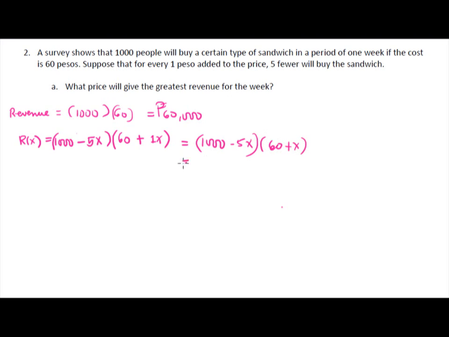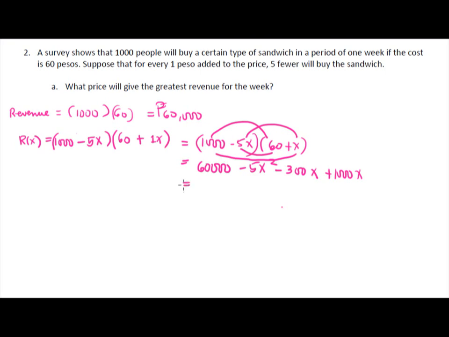Now if we simplify this, it will become 60,000, then minus 5x squared, then 60 times negative 5 is negative 300x, and the last one is 1,000 times x, which is 1,000x.